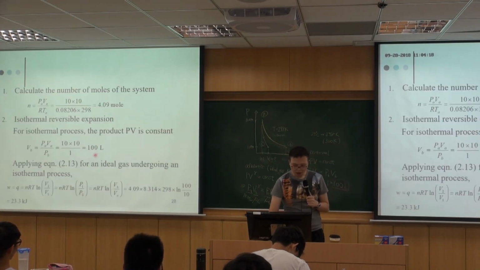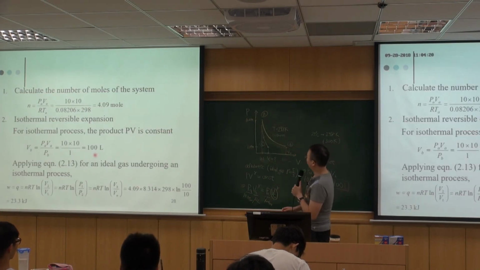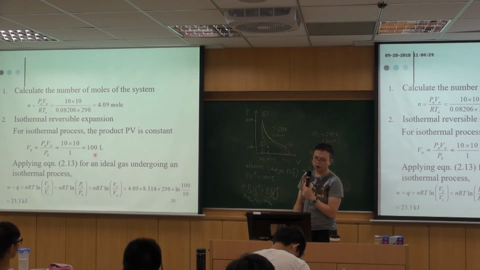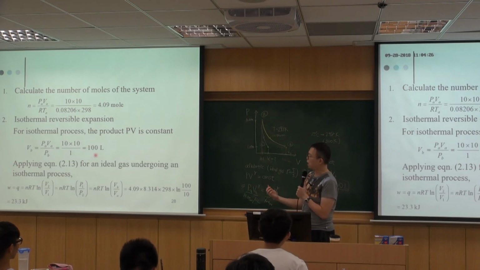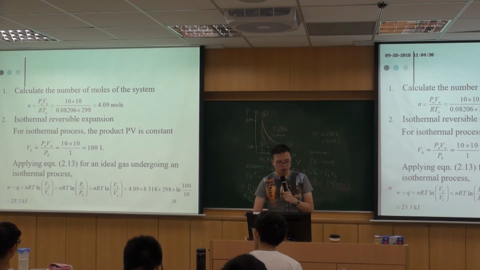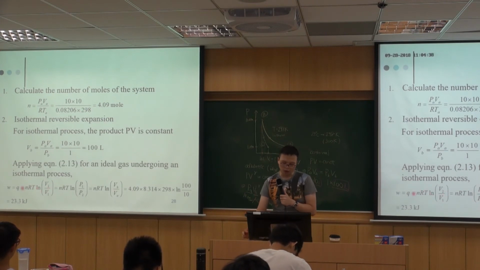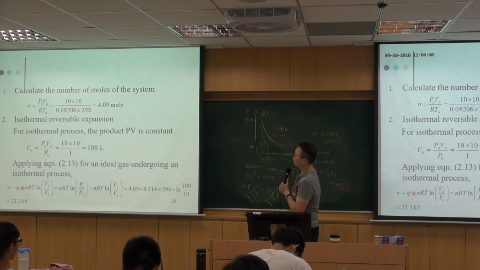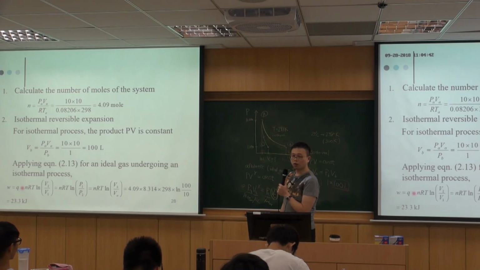And so therefore, if you follow the logic that we just went through earlier, or you can just borrow the equation that we derived, the work done by the system will be R times T log V2 over V1. But of course, we have to consider how many particles are there in the system.